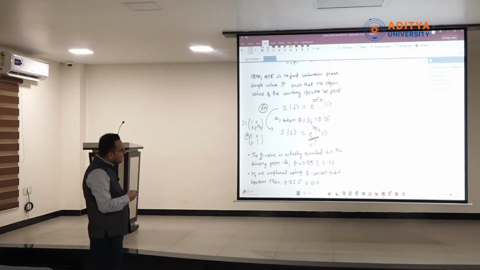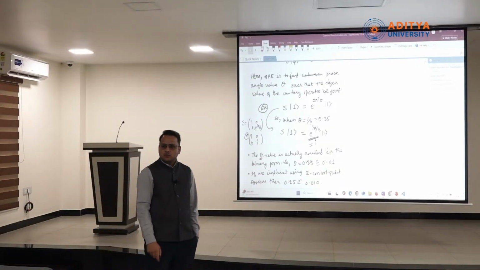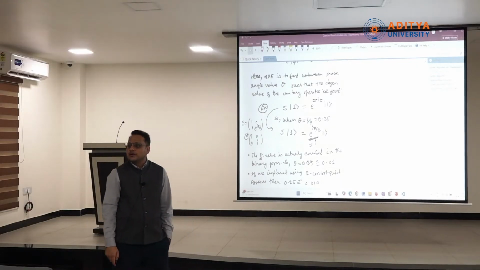So instead of phi, I am writing here 1 as the quantum encoded state, and I am looking for e raised to the power 2 pi i theta, and the same eigenvector I am taking here. If we can estimate this value of theta, we can get the value of the eigenvalue associated to S.